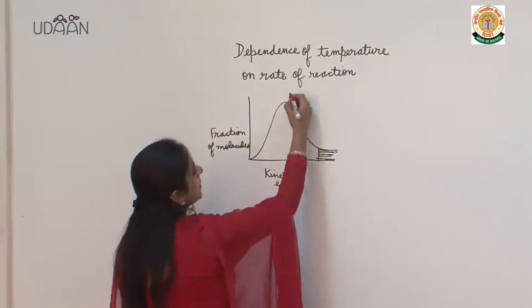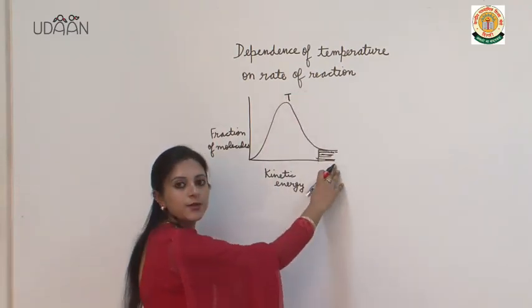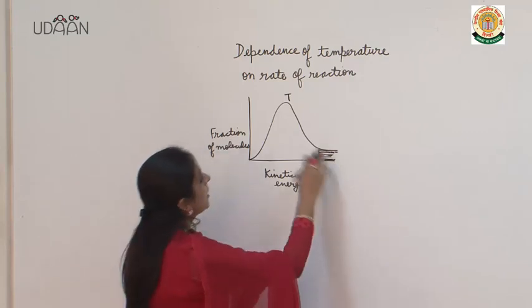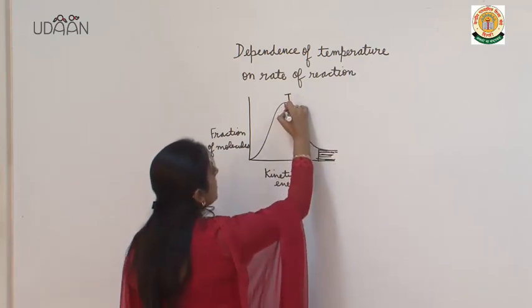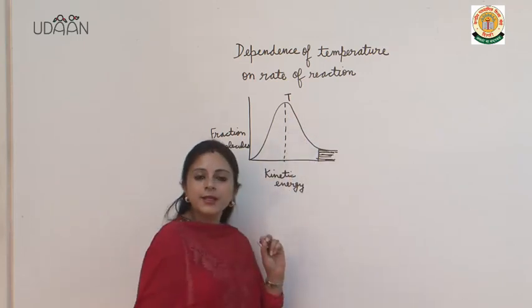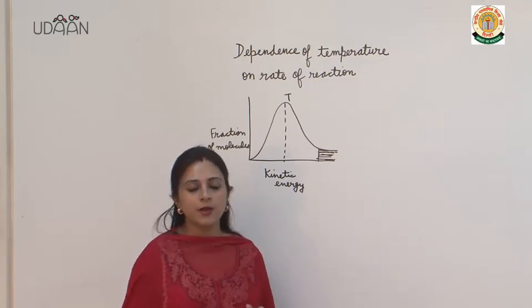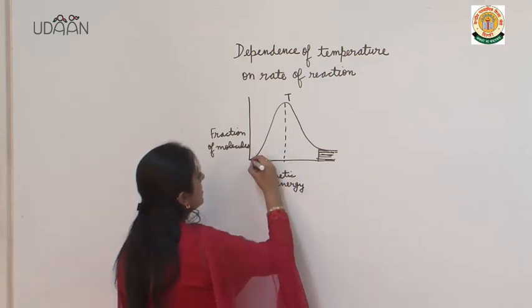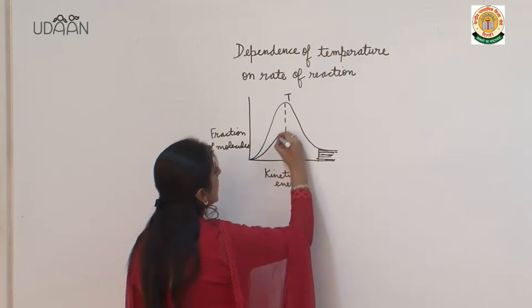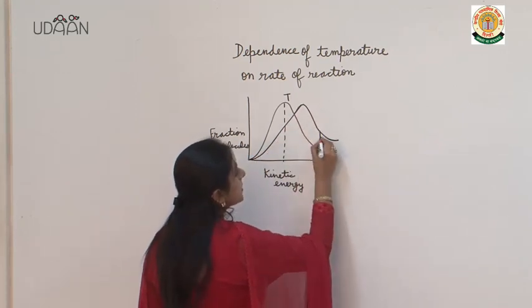We get a curve, this is at temperature T. Now this is the threshold energy possessed by the molecules at a temperature T. Now what happens, the peak of this curve, it refers to the kinetic energy which is possessed by maximum number of molecules. Now what happens on increasing the temperature by 10 degrees Celsius, this becomes double.